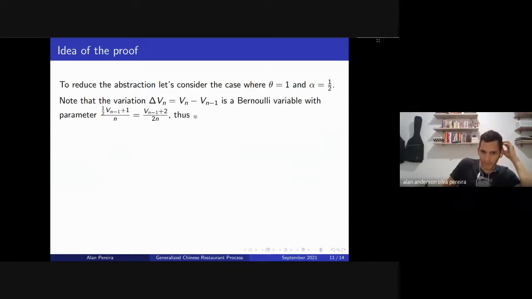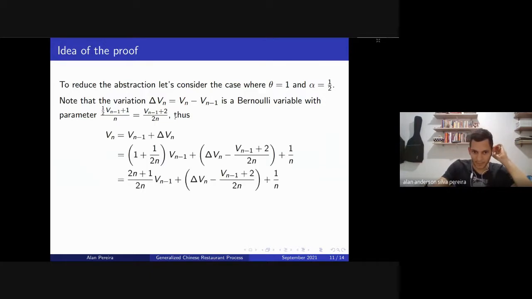So this variation is a Bernoulli random variable, and we know its parameter depending on the number of customers at the table, because the probability that a new customer takes an unoccupied table is alpha, 1/2 here, plus theta over m. So we know exactly the parameter of our Bernoulli, but it's a conditional parameter. So we have a conditional expectation here.